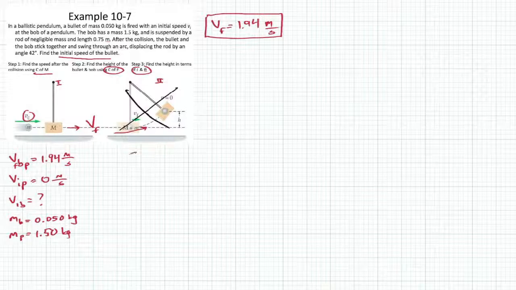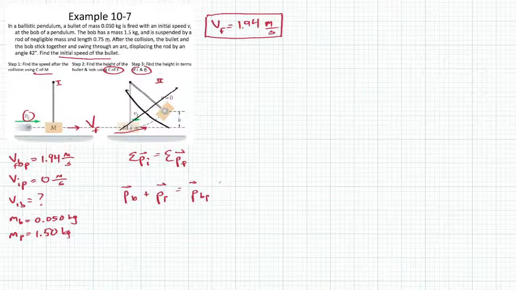So let's write out what we know about conservation of momentum. We know that the total system momentum before is equal to the total system momentum afterwards. So we can say that the momentum of the bullet plus the momentum of the pendulum is equal to the momentum of the bullet and the pendulum. Simple enough.